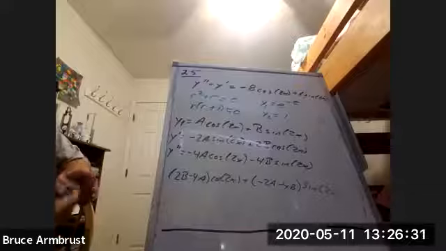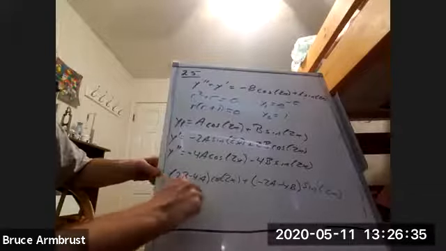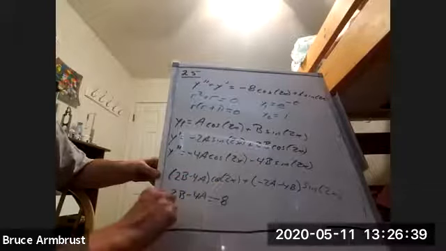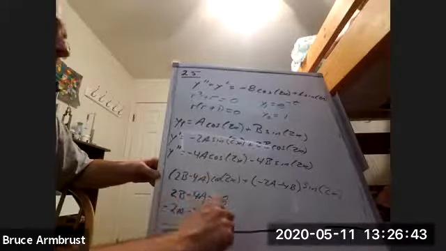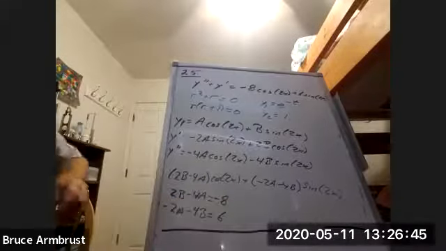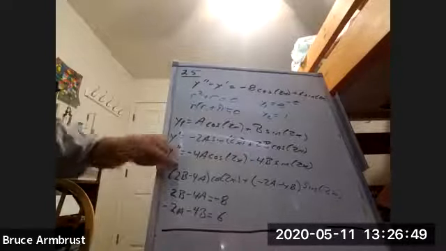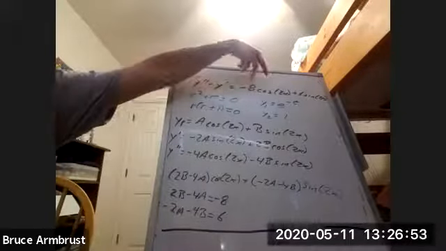Now we can create the system of equations, because we know that 2B minus 4A has to equal negative 8, and minus 2A minus 4B has to equal 6. Those minus 8 and 6 were the original coefficients up here.